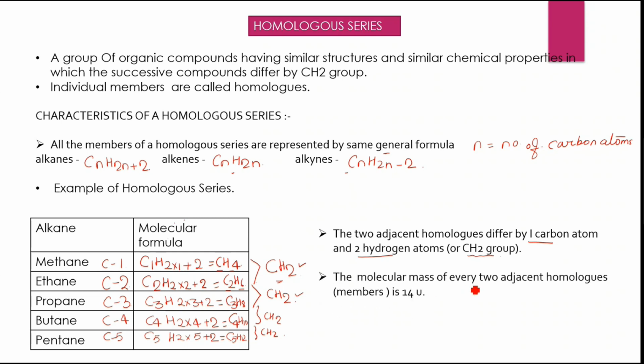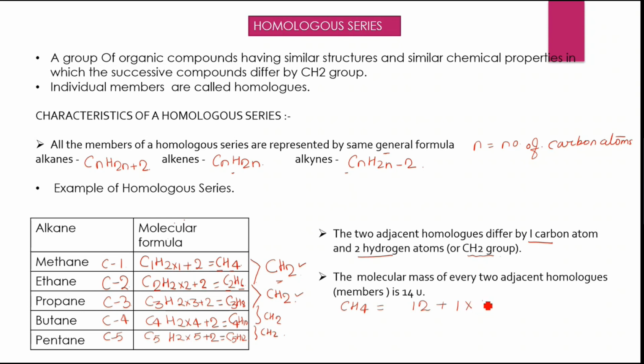The molecular mass of every two adjacent homologous members differs by 14 units. So let's see an example, methane, CH4. The molecular mass of methane: atomic mass of carbon is 12 plus atomic mass of hydrogen is 1.